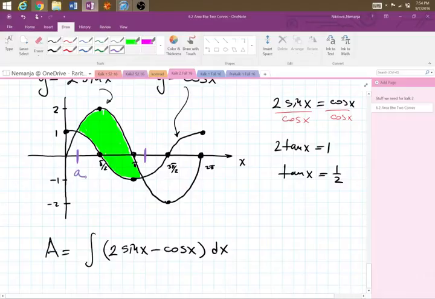So this is where your A is, and this is where your B is. To find A, it's going to be x equals inverse tangent of 1/2. Now you will set your calculator to radians and find that decimal. One or two decimals is fine.